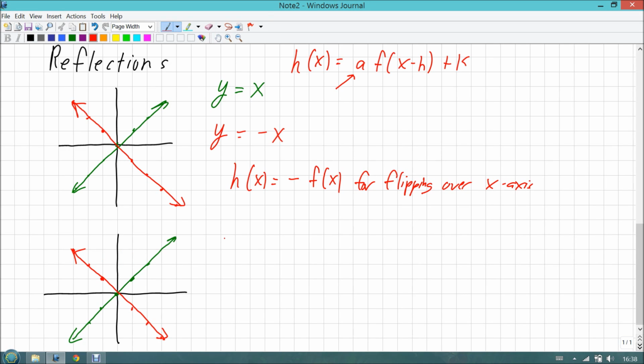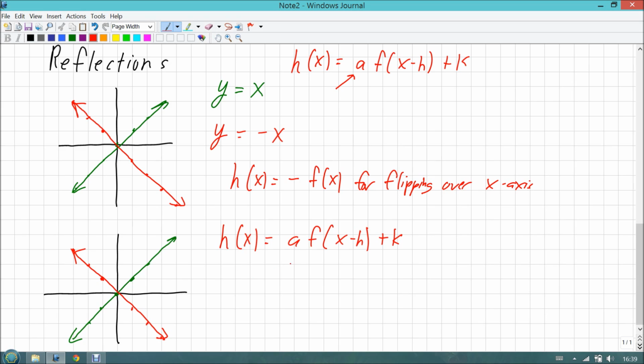When we're looking at our general equation, h of x is equal to a times f of x minus h plus k, to flip over the x-axis, we negated the a. To flip over the y-axis, we actually negate the x on the inside.